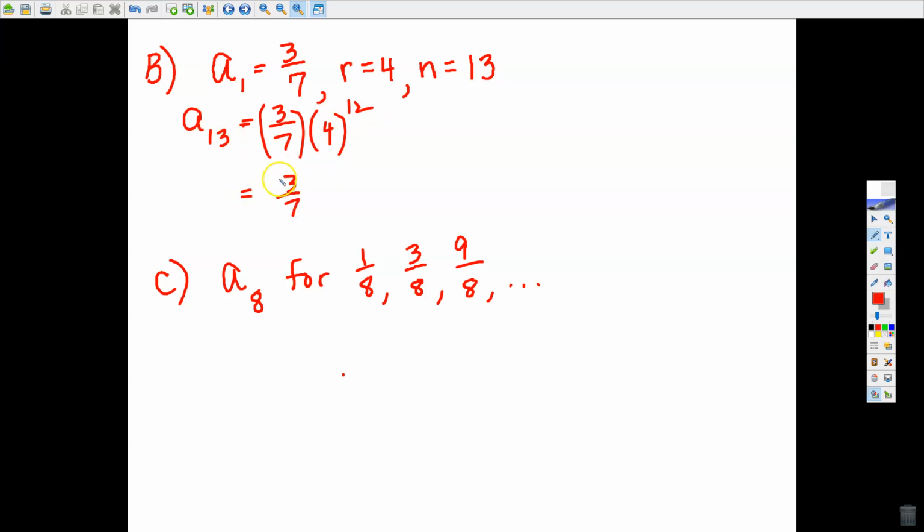So 3/7 times 4 to the 12th. Let's go ahead and put this in the calculator. That's 7,19,025.429.